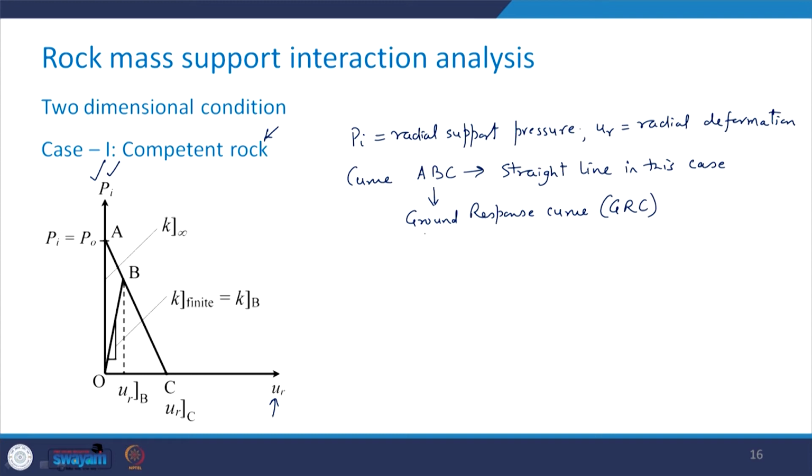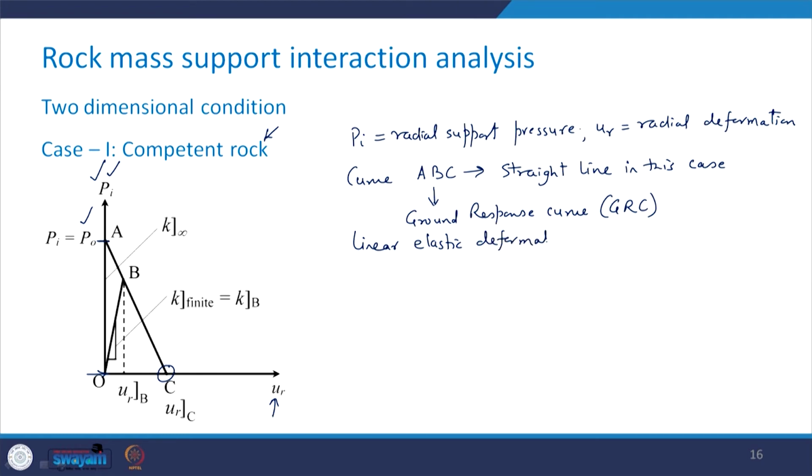You can see that in the beginning you have the pressure which is equal to P naught, and then as the deformation is increased, it comes to this value of 0 pressure here. So here you have the linear elastic deformation.